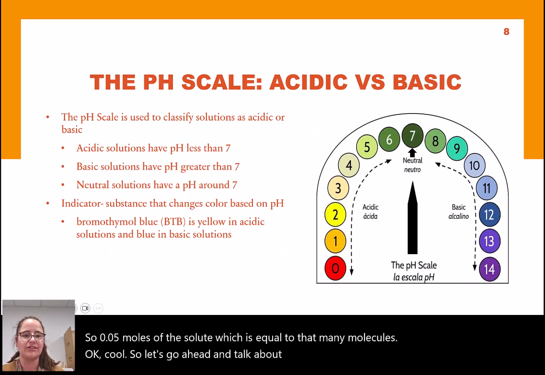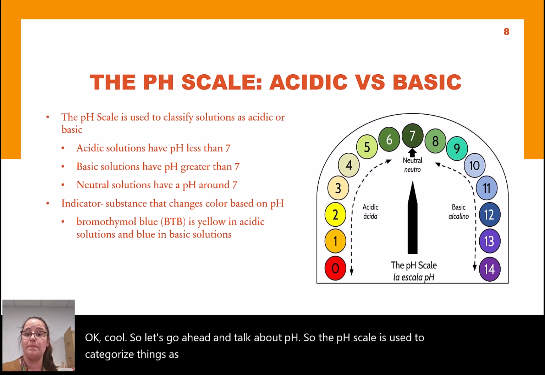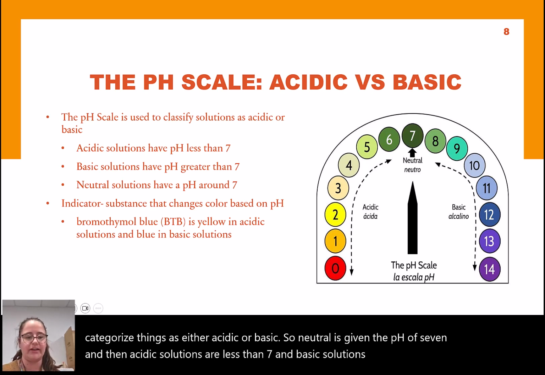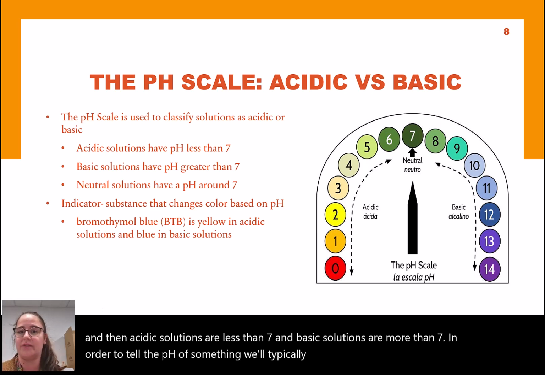So let's go ahead and talk about pH. The pH scale is used to categorize things as either acidic or basic. Neutral is given the pH of 7, acidic solutions are less than 7, and basic solutions are more than 7. In order to tell the pH of something, we'll typically use an indicator, which is something that changes color based on pH.